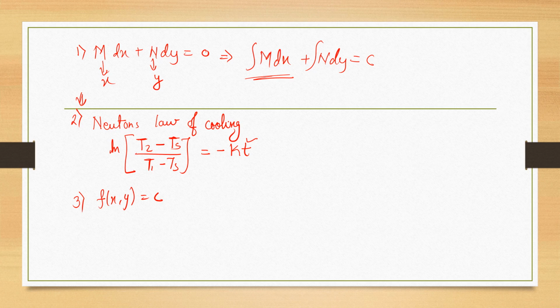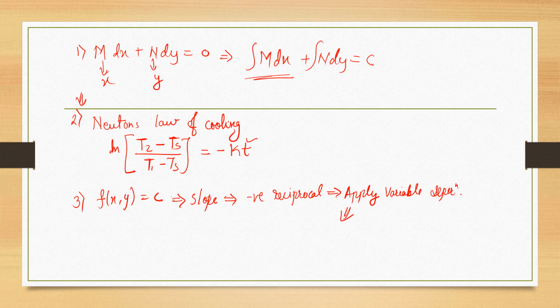So we need to find the slope of that equation, then take the negative reciprocal, then apply the variable separation method, and you will get the corresponding orthogonal trajectory, or orthogonal family of curves, of a given curve.